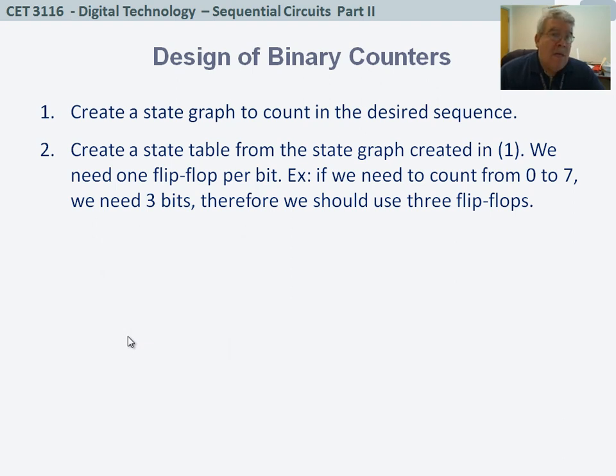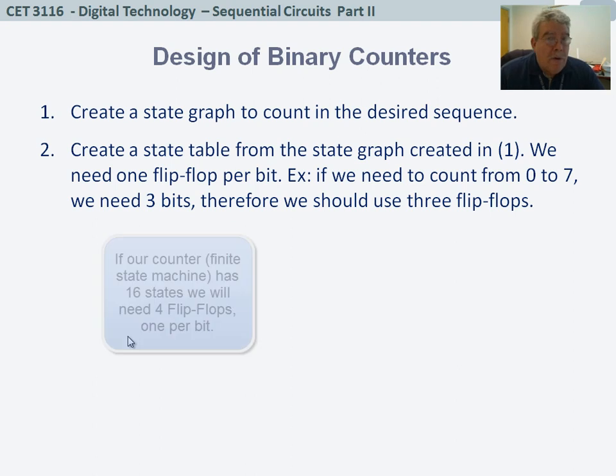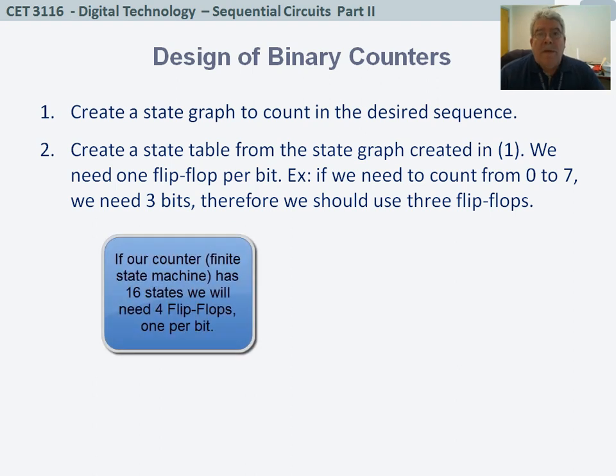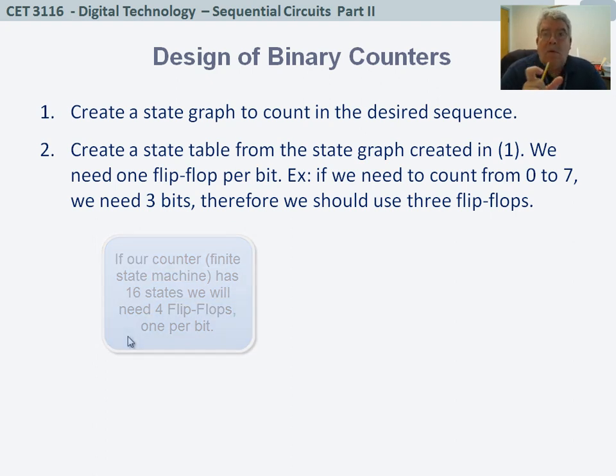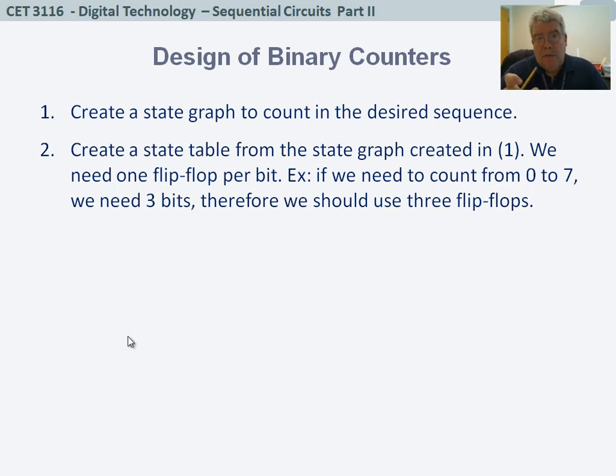If you have a counter that goes from 0 to 3, it would be enough with 2 flip-flops, because only 2 bits are required to count from 0 to 3. If we have one that goes from 0 to 31, then we will need 5 flip-flops because we will need 5 bits. So in other words, there's a strict correspondence between the flip-flops and the number of bits.